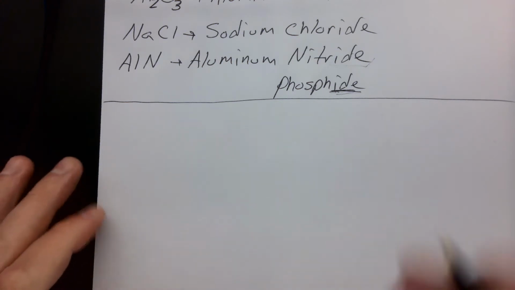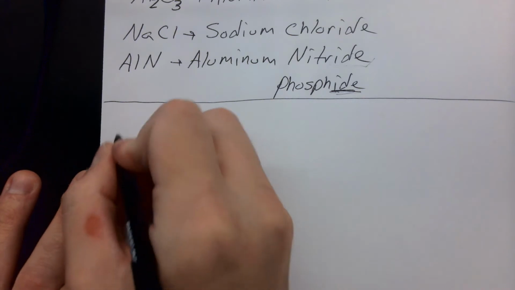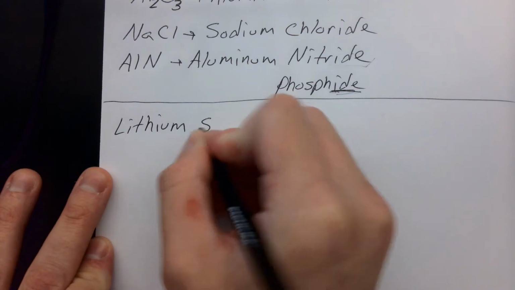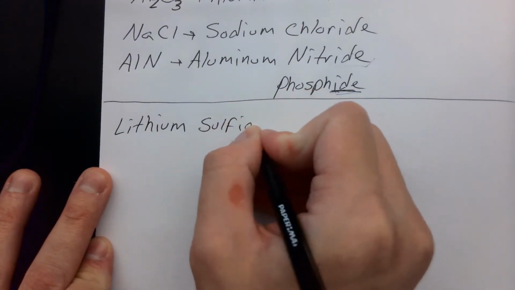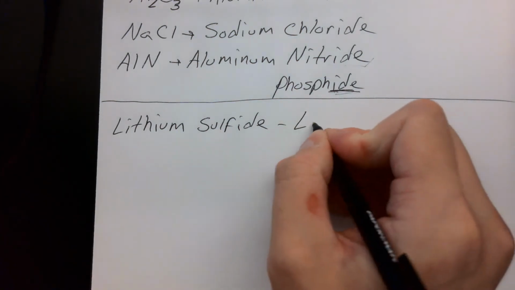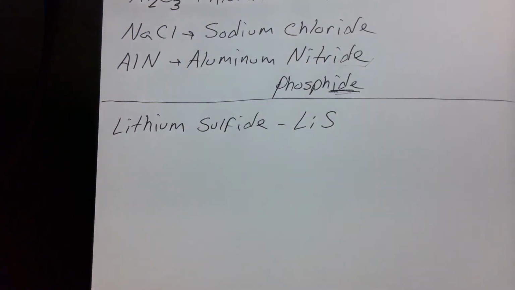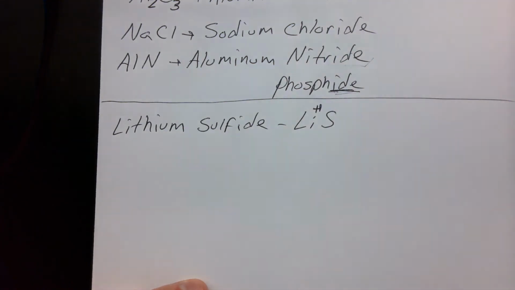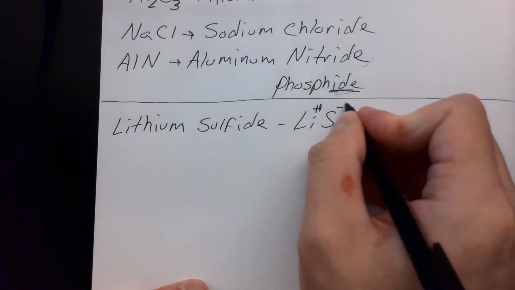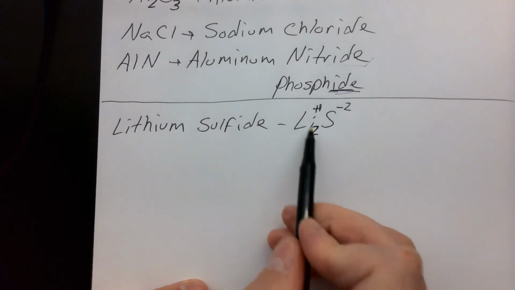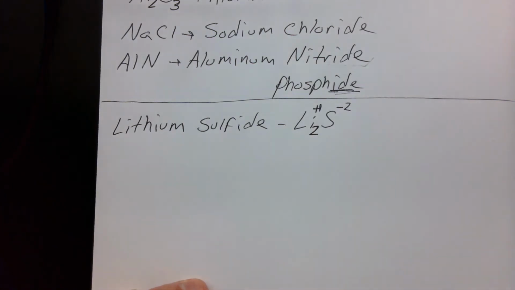For instance, if I give you lithium sulfide and ask you to write the formula, you write out your lithium and your S. You go to the periodic table and find that lithium is a +1 and sulfide is a -2. Therefore you need 2 of those +1s to cancel out that -2. So lithium sulfide would be Li2S.